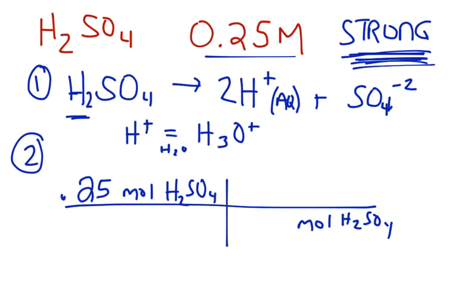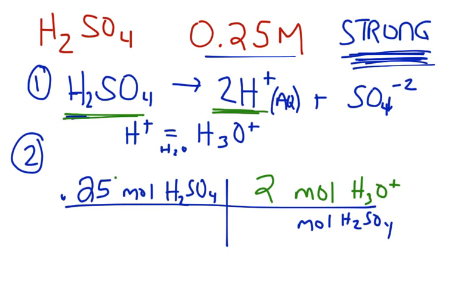For every mole of H2SO4 that I'm starting with, I'm making 2 of my hydronium, or my H plus. It's the exact same thing. So how many moles am I going to make if I only have a quarter? I'm going to go from moles of sulfuric acid to moles of hydronium, using my balanced equation. There's 2 of those, there's 1 of those. And so for every 0.25 moles of H2SO4, I'm getting 0.5 moles of hydronium.